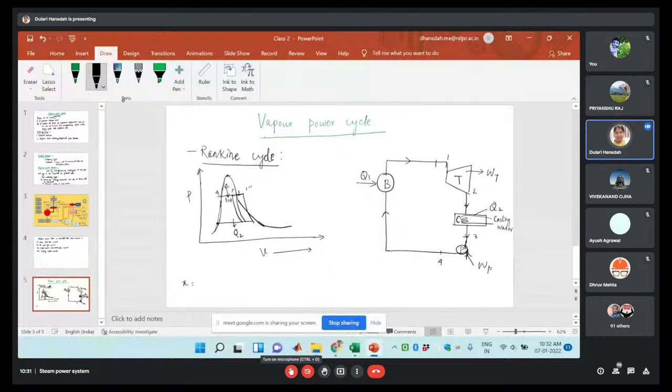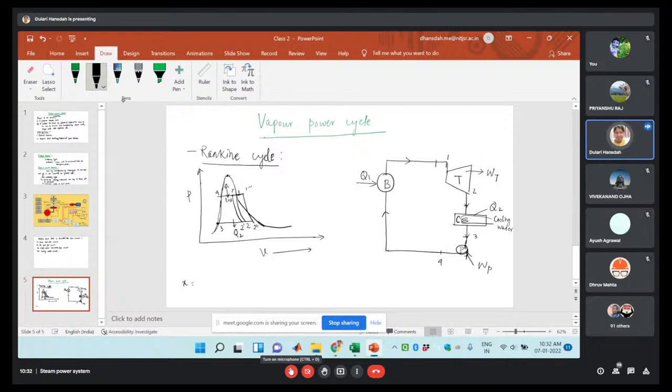In this case the expansion is 1 to 2, in this case 1 to double dash, in this case simply 2 dash. Then there will be the constant pressure heat rejection, up to the saturated liquid. In this case that point is your 3.